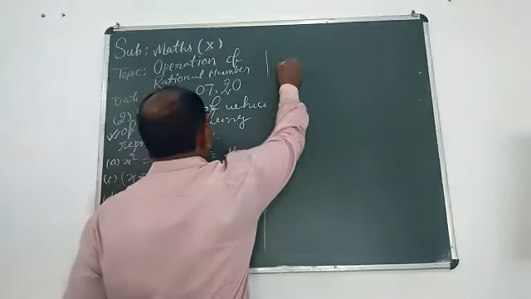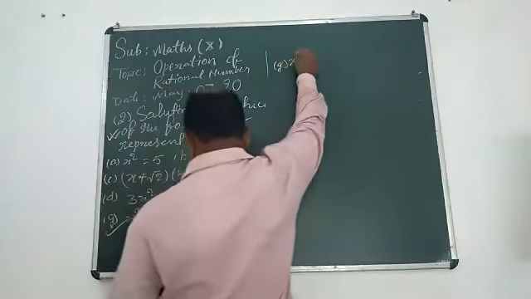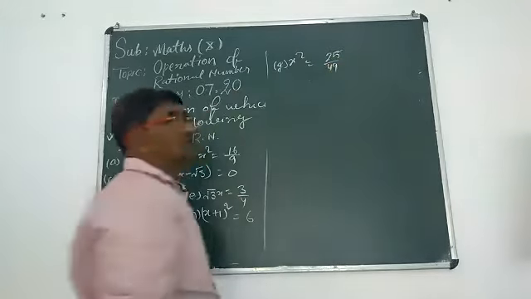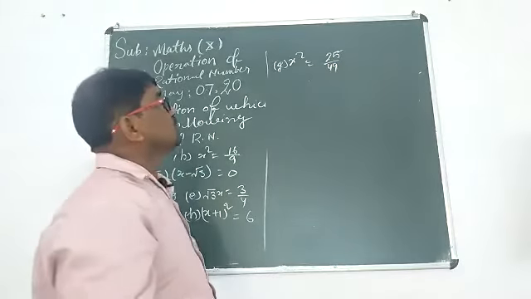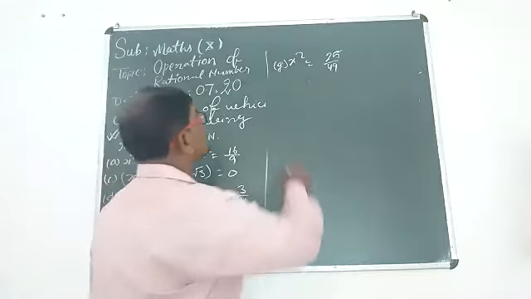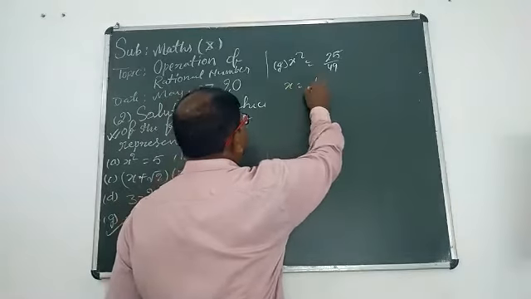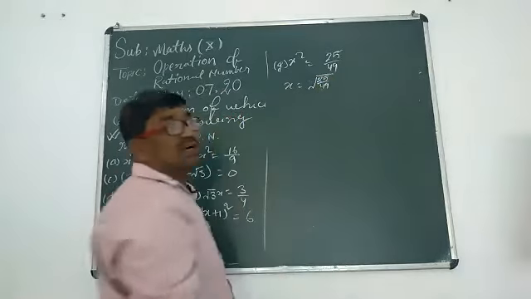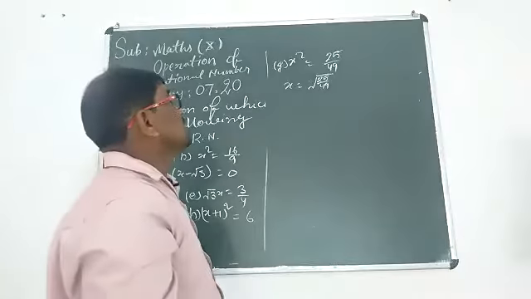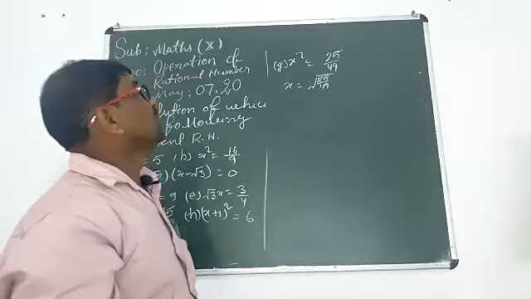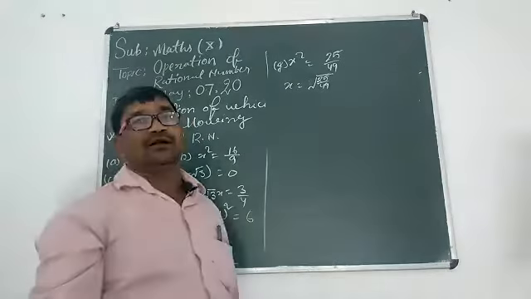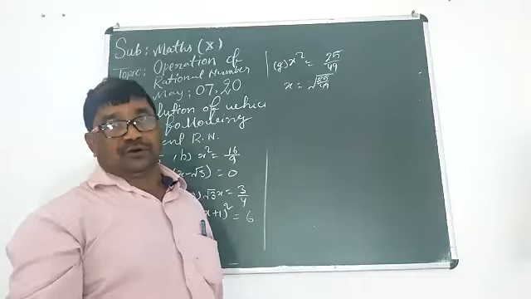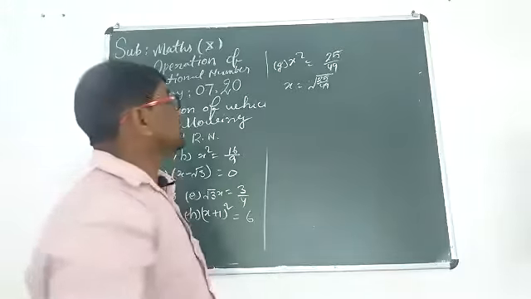Suppose that x square equal to 25 upon 49. So we can find x equal to under root 25 upon 49, finding the square root of both sides.